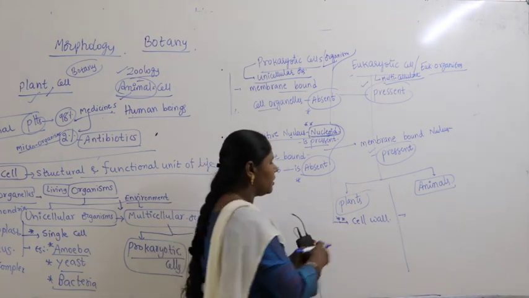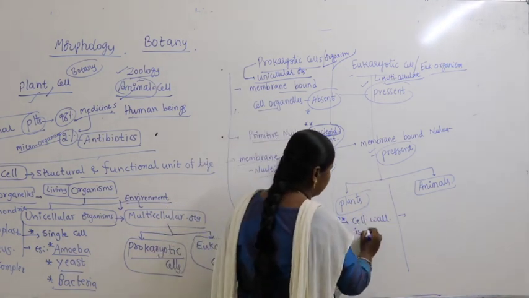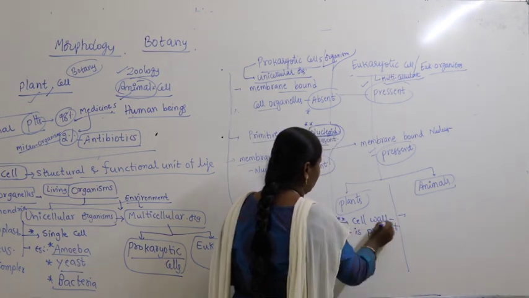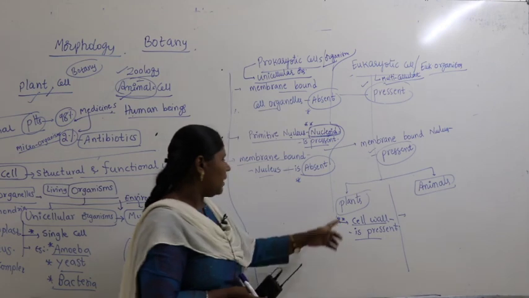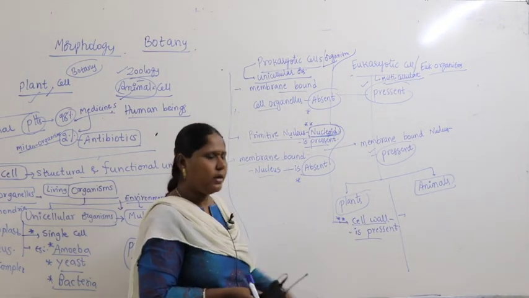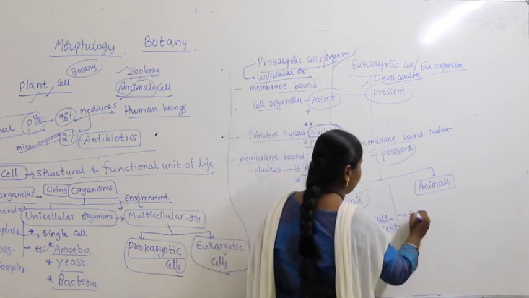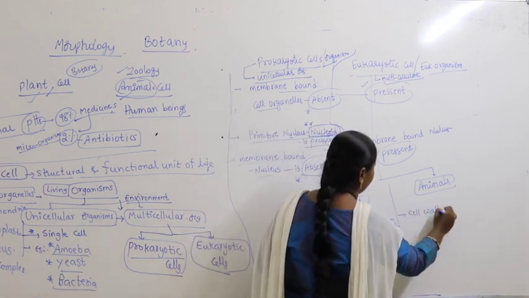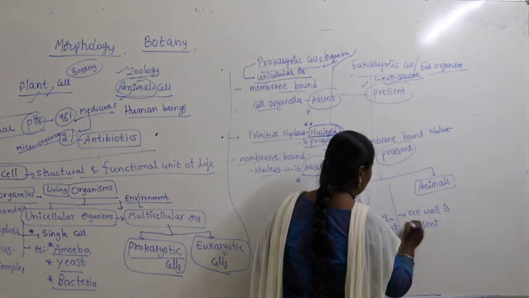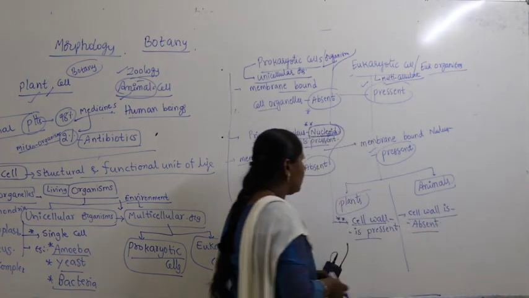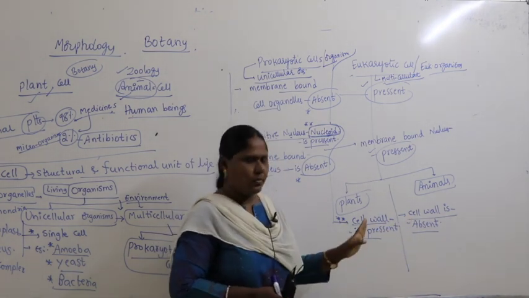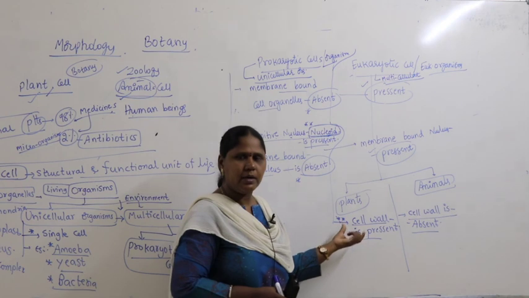What do I write here? In plants, cell wall is present. Coming to animals, what do we write? Cell wall is absent. Cell wall is present and cell wall is absent. Now you can make out a clear difference.